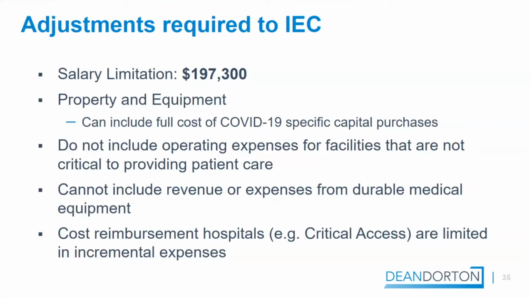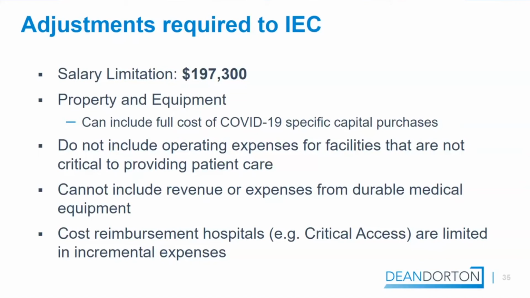Do not include any revenue or expenses from durable medical equipment was a specific FAQ. And cost reimbursed hospitals will be limited in their incremental expenses. And so there was an FAQ that clarified that. In essence, if you think of critical access hospitals, you're reimbursed at cost already.